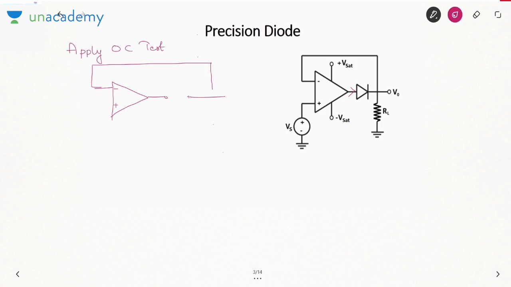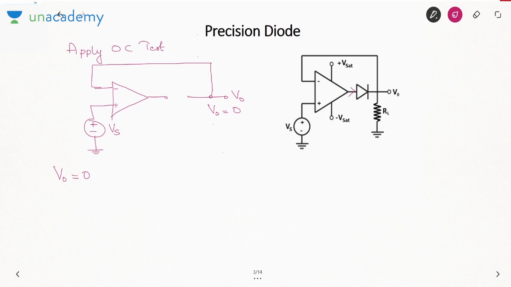Now due to open circuiting the diode, there is no closed loop. That means it is an open loop op-amp. Let us see what will happen. There is no path of current flow, so in the open circuit test, V naught will be 0.